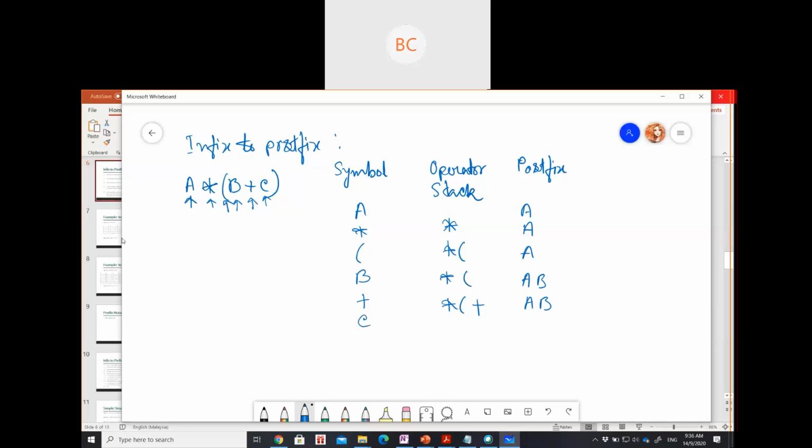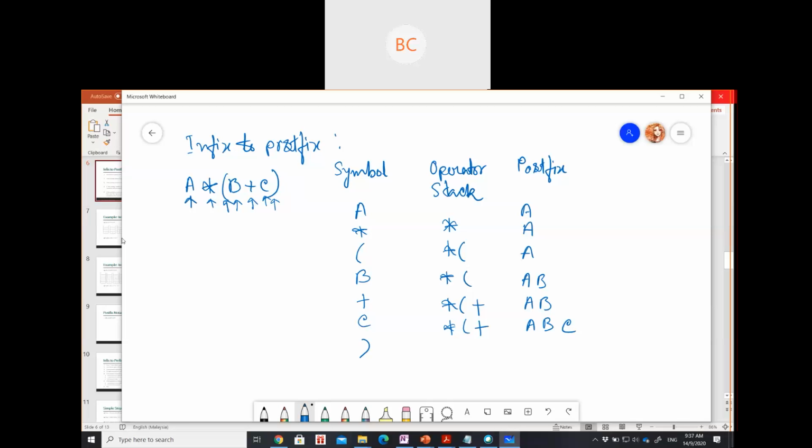So your next symbol is C. Okay. So now you will simply push it to your postfix expression. Okay. Now you scan again. Now you have a closing bracket. Okay. So once you get a closing bracket, then you will check your stack.